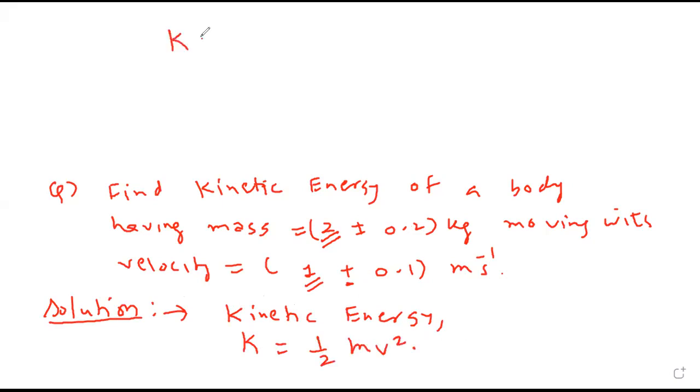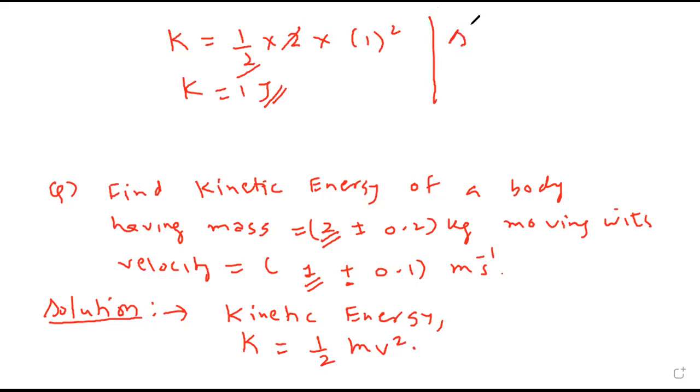So first kinetic energy will become half into mass 2 into velocity 1 square. That means 1 joule. Then we'll find error. Delta K upon K. Half has got no error, because it is constant. Delta M upon M plus 2 times delta V upon V. Okay?